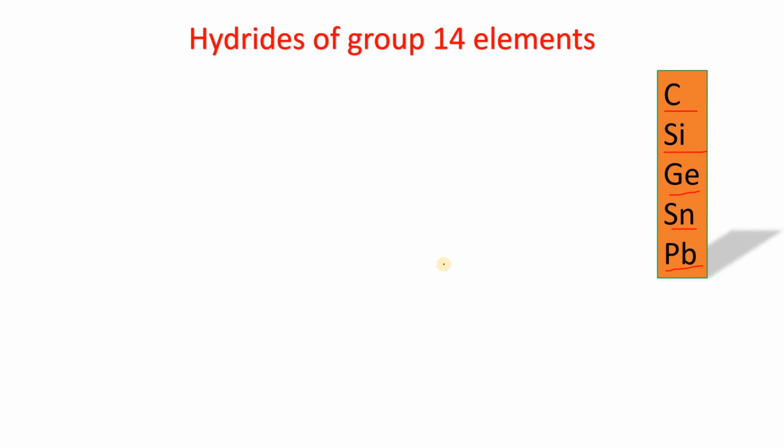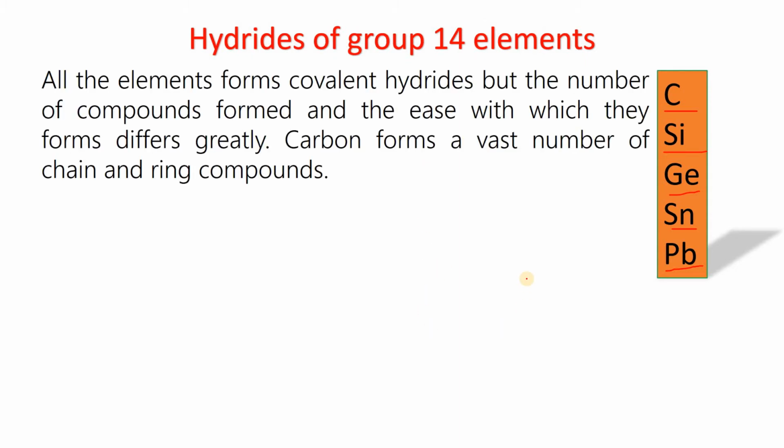These are the elements of group 14. All the elements form covalent hydrides, but the number of compounds formed and the ease with which they are formed differ greatly from carbon to silicon to germanium, tin and lead.